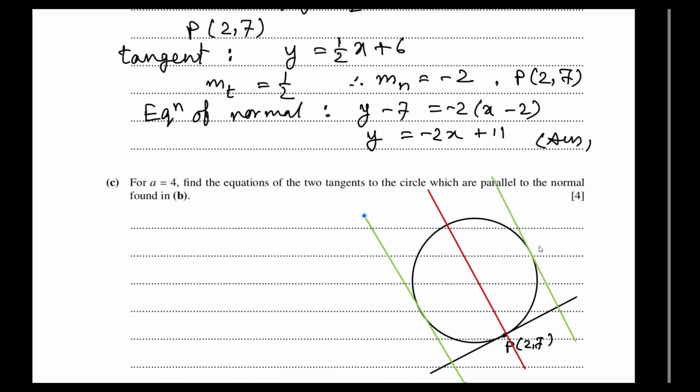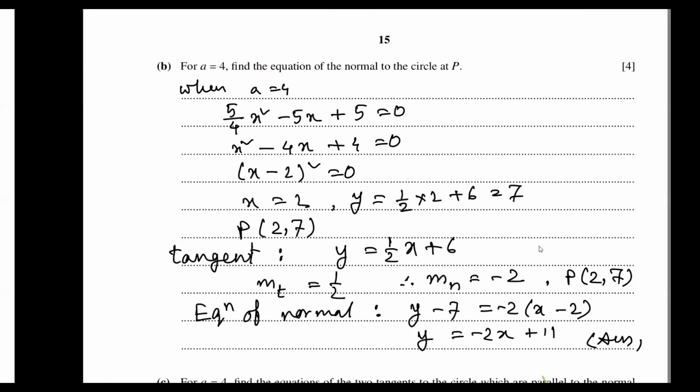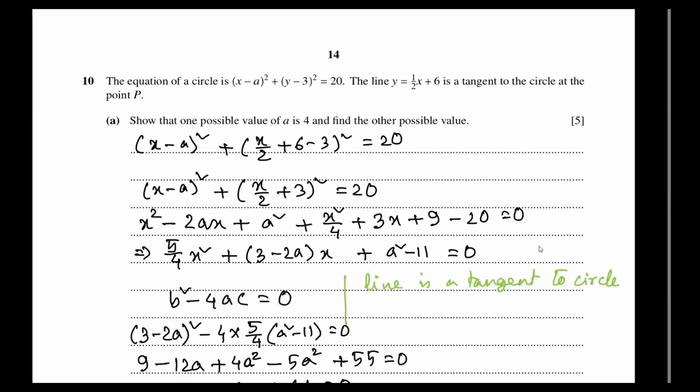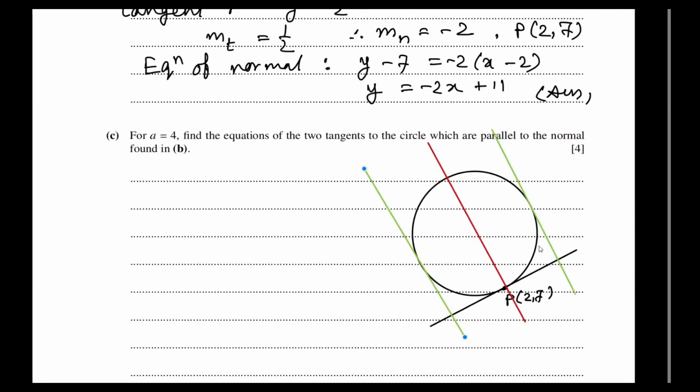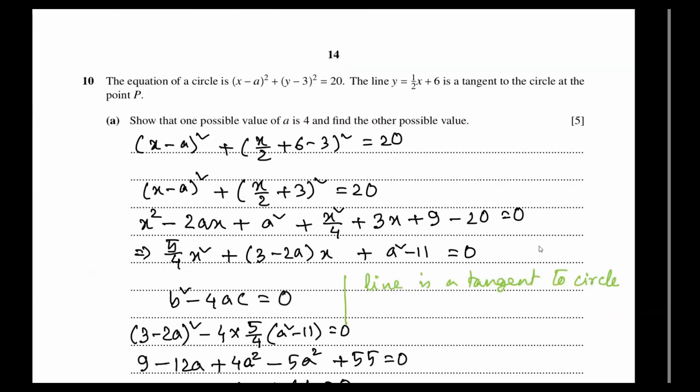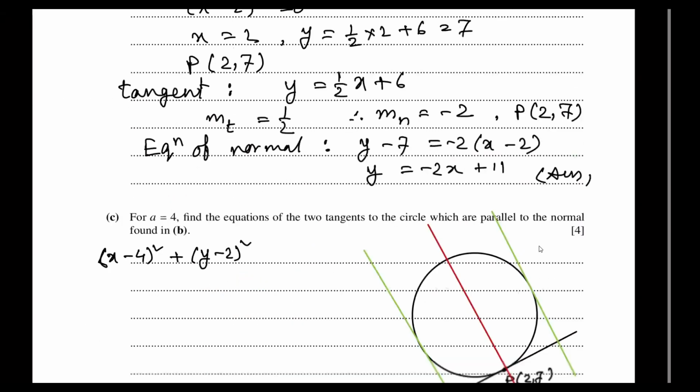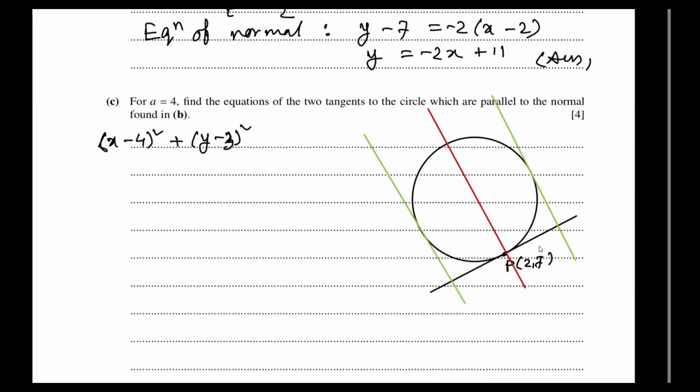Now we have to find the equation of these two tangents. Now what you see, we need the center of the circle. Remember the equation of the circle is (x minus a) whole square plus (y minus b) whole square equals 20. A is 4, so the equation of the circle is (x minus 4) whole square plus (y minus 3) whole square equals 20.